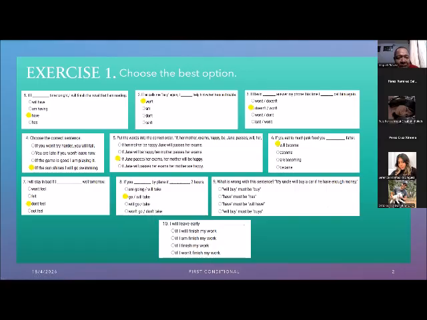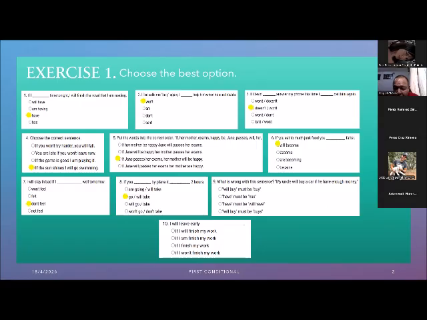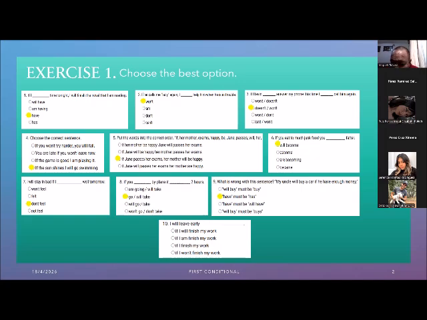A volunteer, please. Have you identified the error? Yes, Elizabeth, please. Have must be has. Exactly. Okay, thank you so much, Elizabeth. Have must be has. My uncle will buy a car if he has enough money. Remember that with the verb have, we have to change the form for he, she, it, has.